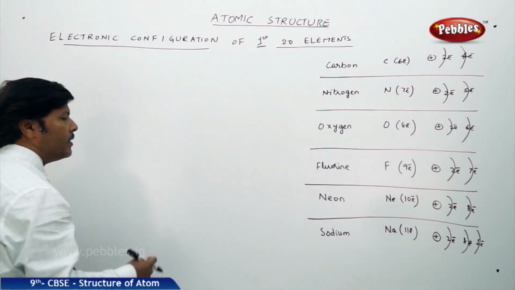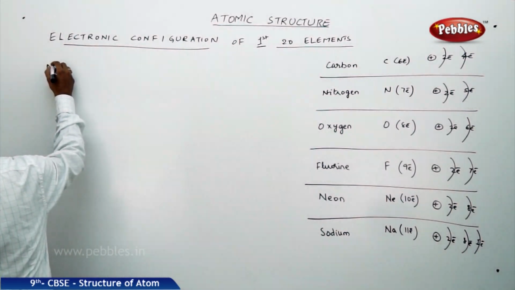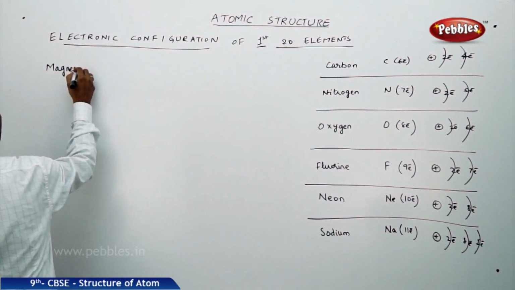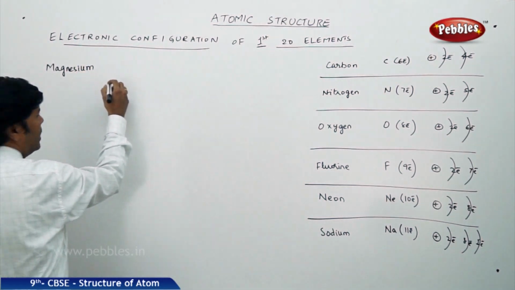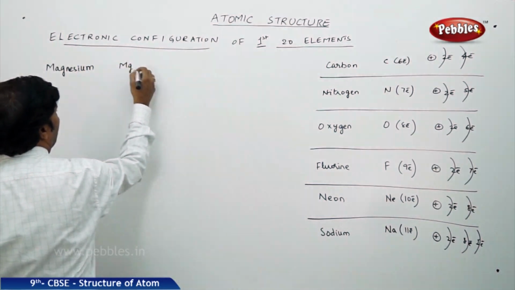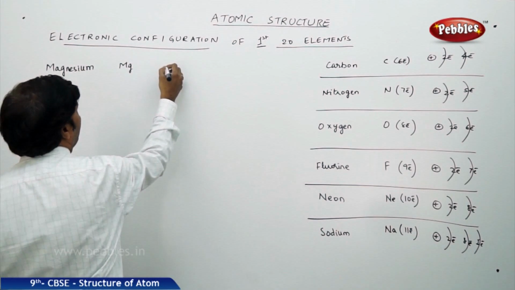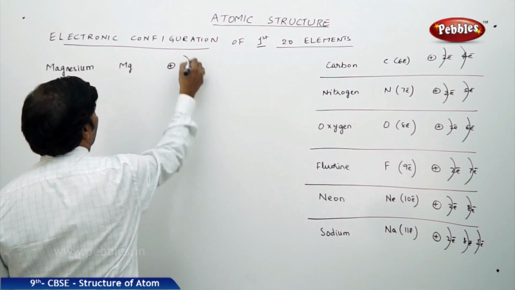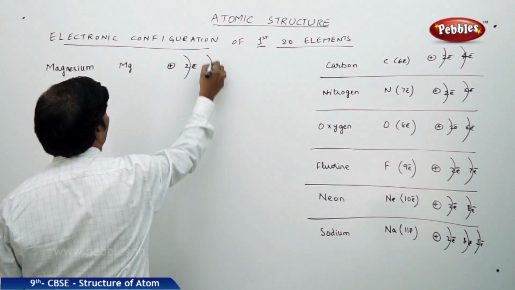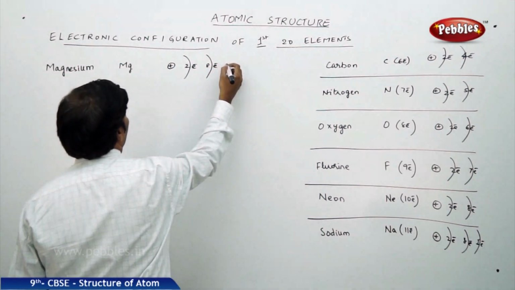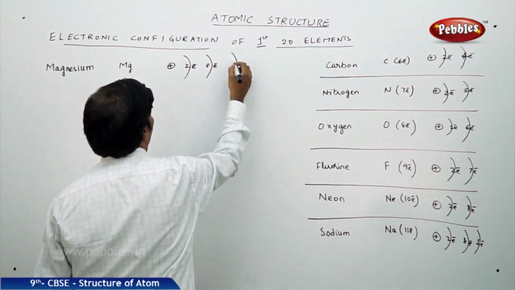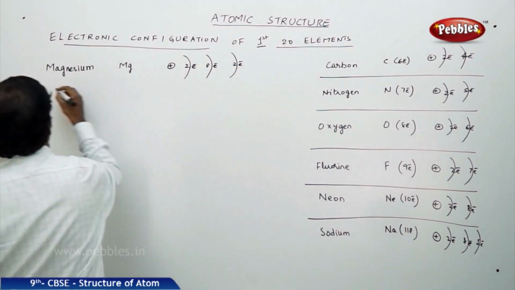So go for the next element, that is magnesium. The symbol is Mg and the number of electrons distributed: nucleus, first orbit 2 electrons, second orbit 8 electrons, third orbit again 2 electrons.